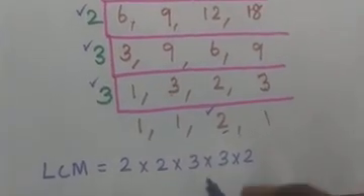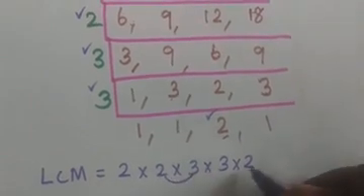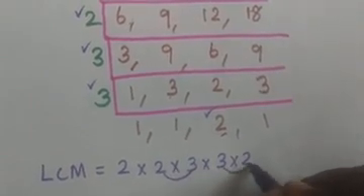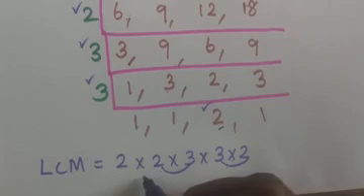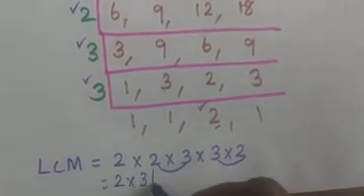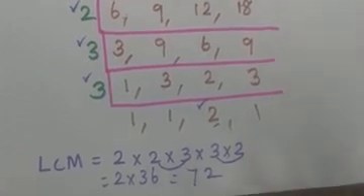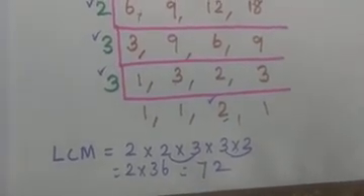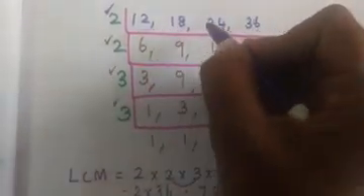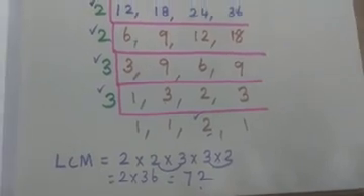What do you get? 2 3s are 6 and here also 6. So 6 6s are 36. So 2 into 36, what do you get? 72. So what's the LCM of 12, 18, 24, 36? 72. Have you understood, children?